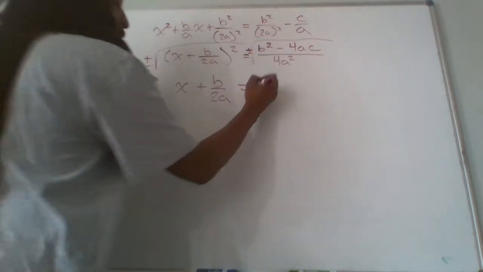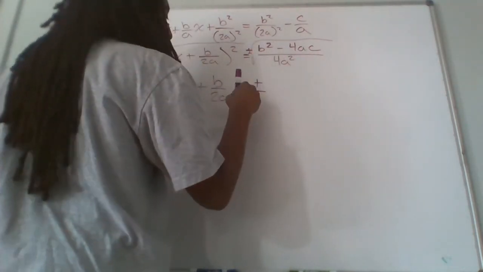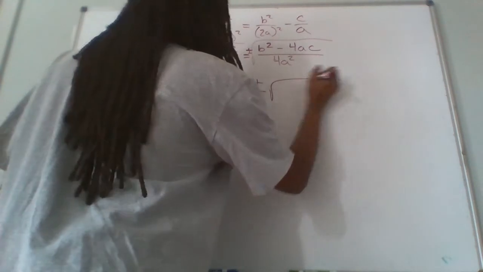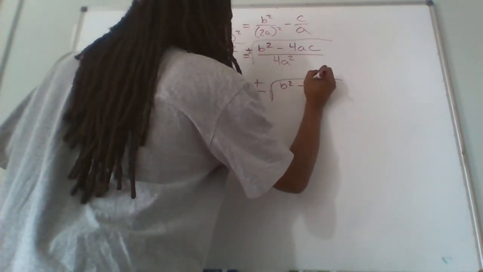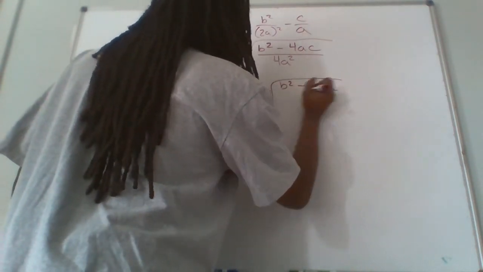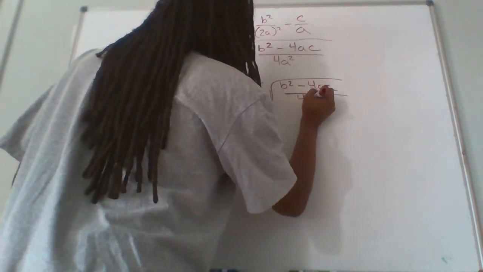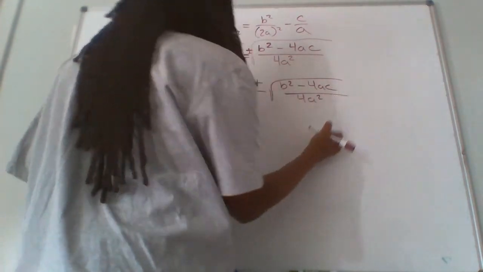Should have written that in there, but it's plus or minus the square root of b squared minus 4ac all over 4a squared.